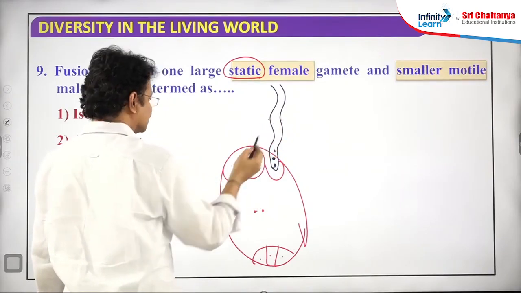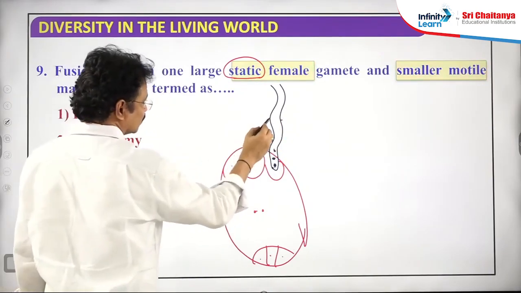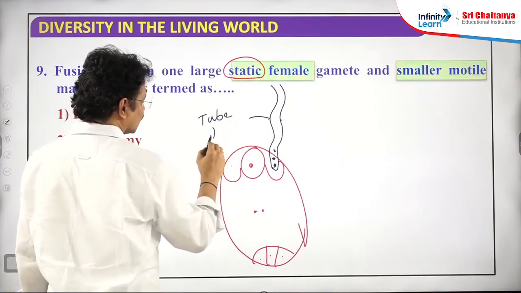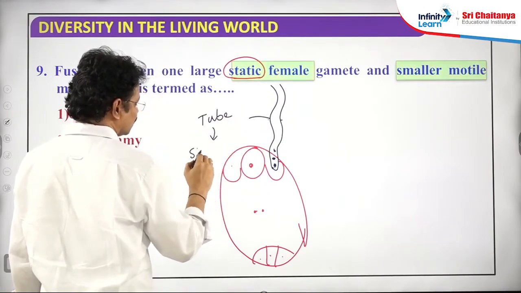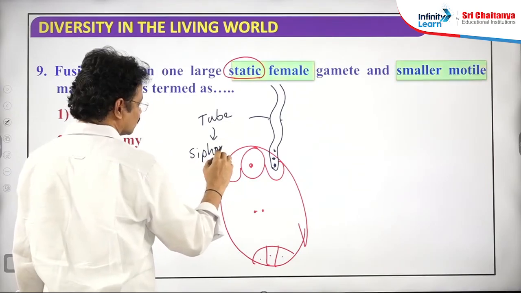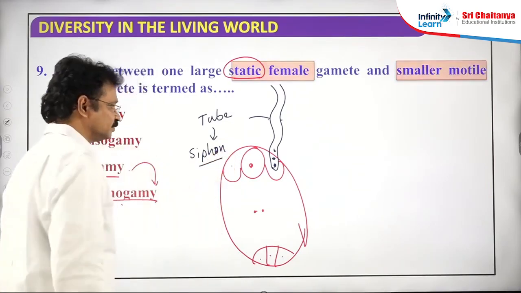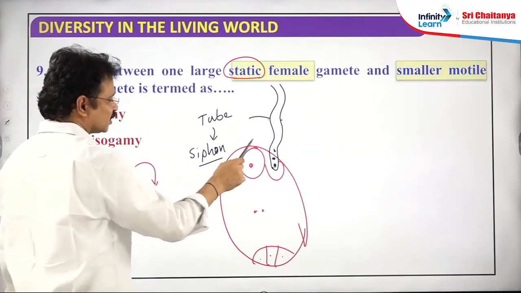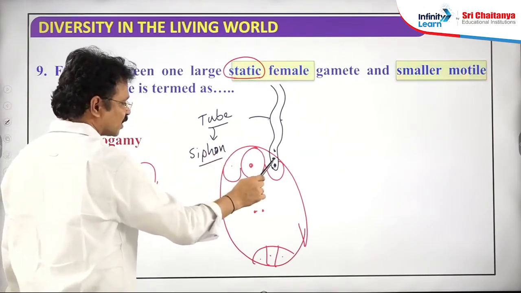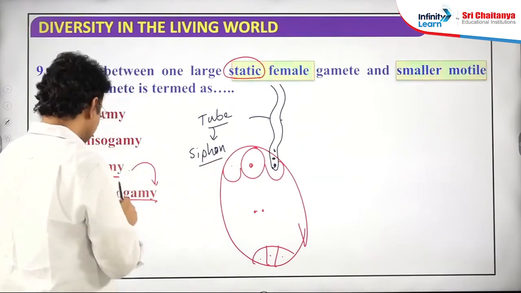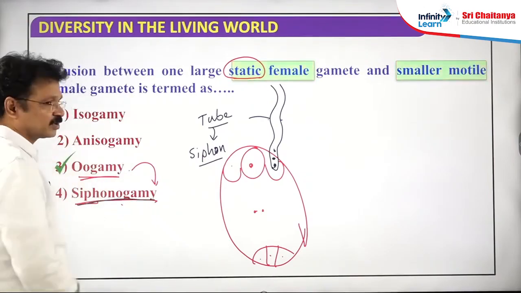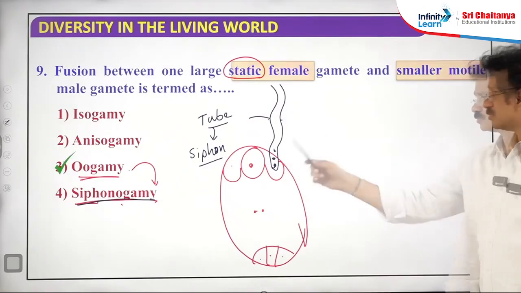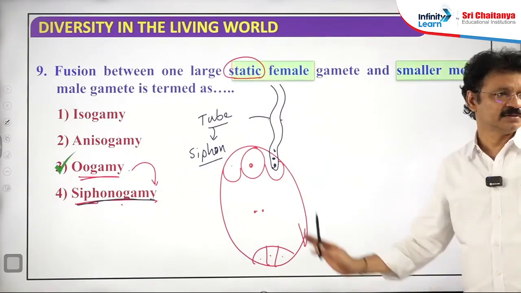The tube acts as a carrier for male gametes; the technical name of the tube is the siphon. If the siphon is involved in gametic fusion and acts as a male gamete carrier, that kind of oogamy is named siphonogamy. Siphonogamy is found in all higher plants, angiosperms. Okay? Are you getting an idea?